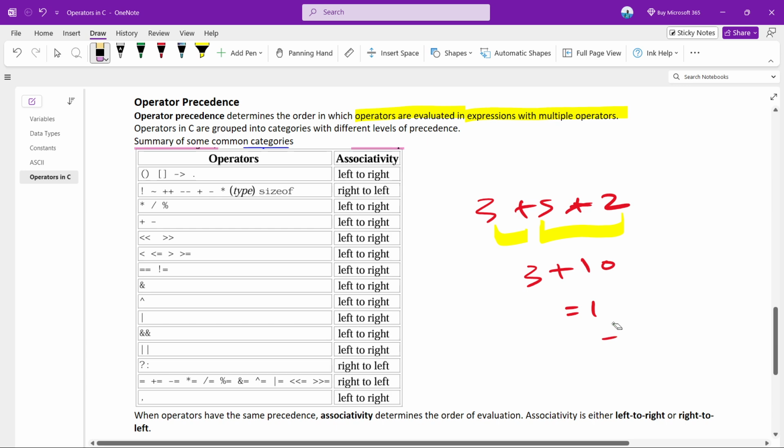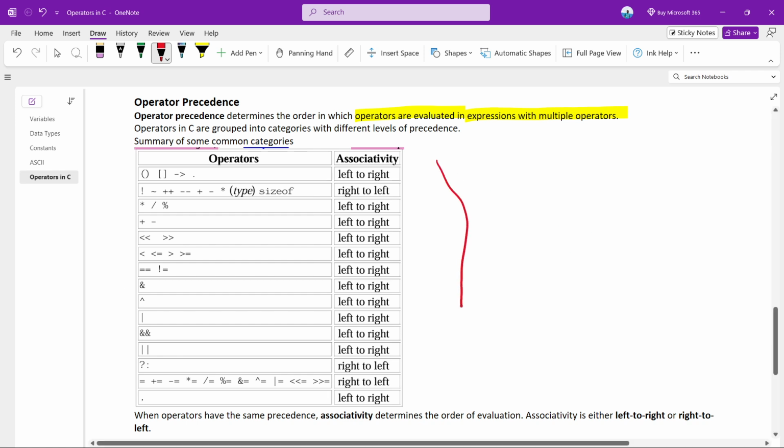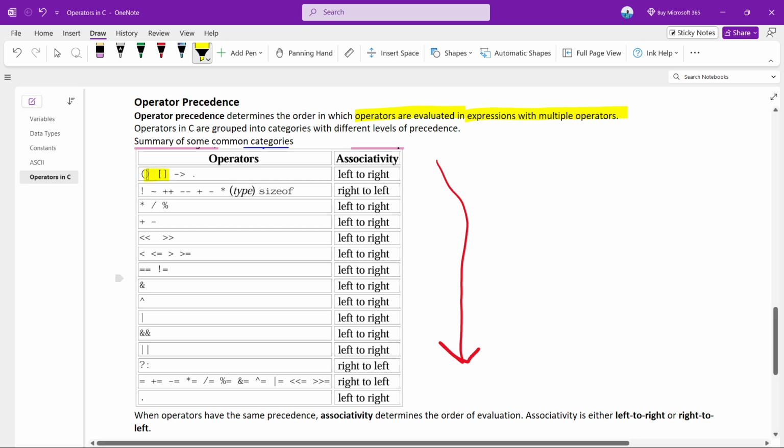Now, to summarize which operators take precedence over other operators, we have a table here. In this table, we have all the operators along with their precedence, and the precedence decreases from top to bottom. Let us see the operator with the highest precedence. In C programming or any other programming language, the operators with the highest precedence are parentheses, which means that anything inside brackets will be evaluated first.